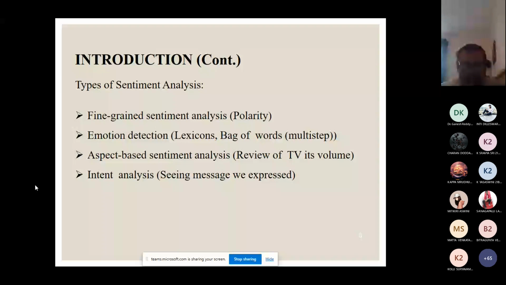Then another one is aspect-based sentiment analysis, like a review on a TV, volume, based on one aspect, like e-commerce. Then there is intent analysis, seeing a message where we express intent, like WhatsApp. Next.